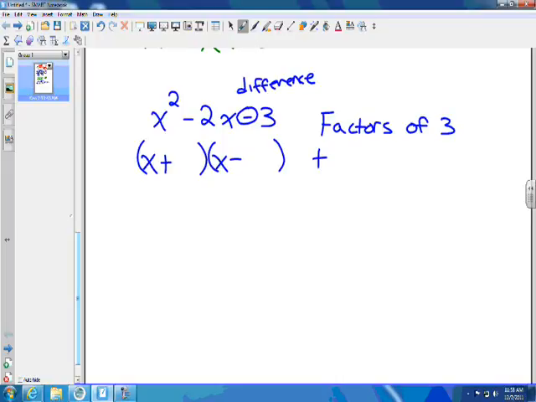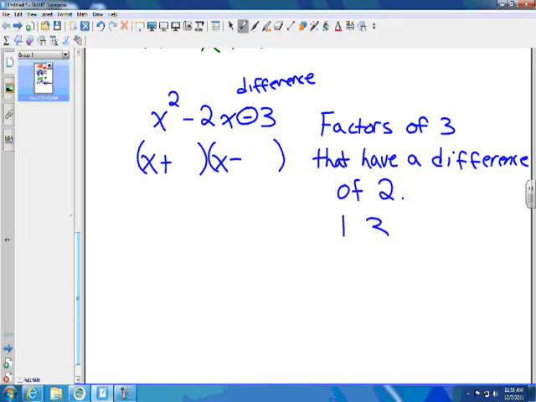Factors of 3 that have a difference of 2. If your signs are different, you're looking for a difference. Some of them will work out both ways. So you have to make sure you know which one of them you're looking for. So what are the factors of 3? Again, they're 1 and 3. 1 and 3 have a difference of 2.